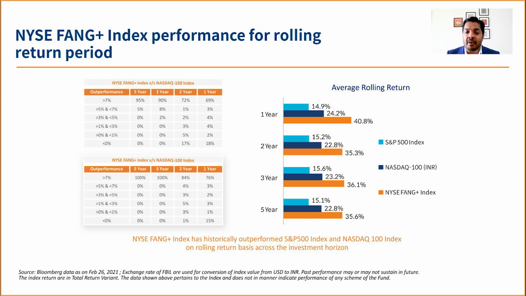If you would have invested for 3 years in FANG Plus index, on an average you would have generated a return of 36.1% compared to 23.2% which you would have generated from a Nasdaq 100 index, or 15.6% which you would have generated from an S&P 500 index.